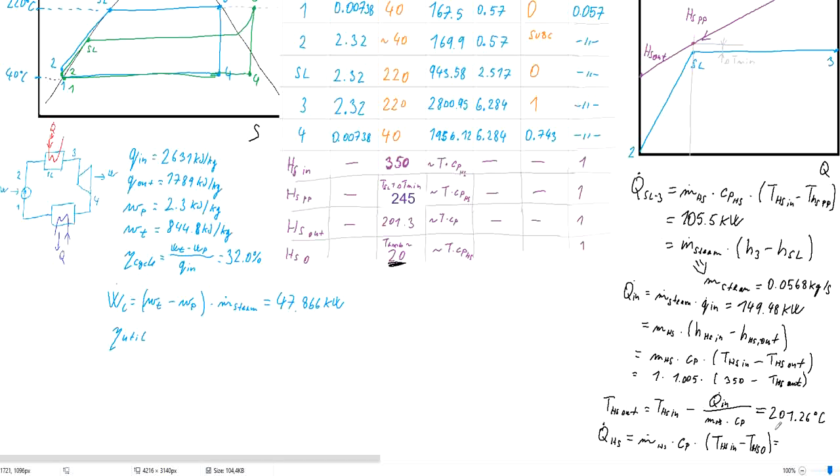And this number will be 331.65 kilowatts.